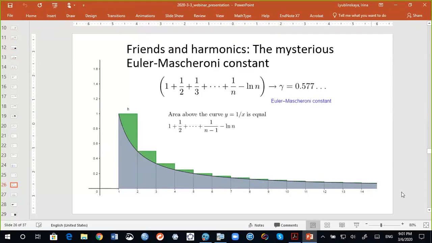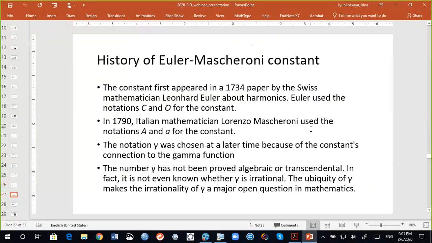Now, there is some history related to this particular constant. It first appeared in 1734 in the works of Leonhard Euler, and that's why it's called Euler constant, when he studied harmonics or harmonic series, exactly what we are studying in BC calculus with our students. He used a different notation for this constant.